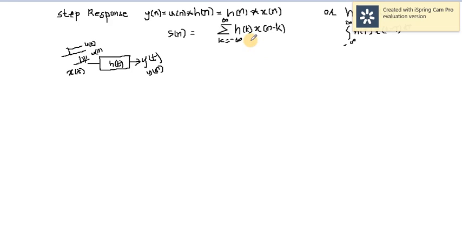Now we know that our x of n minus k we need to consider. Our x of n is nothing but the u of n signal. It is a unit step signal, as we are already familiar with. It is the signal having one amplitude, a discrete signal with all unit samples from 0 to infinity.